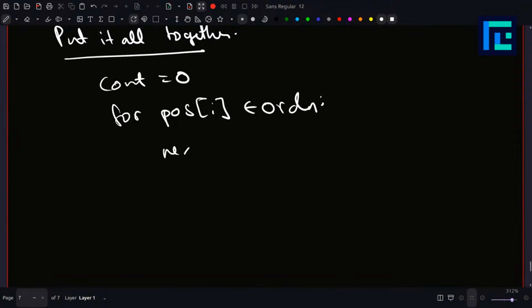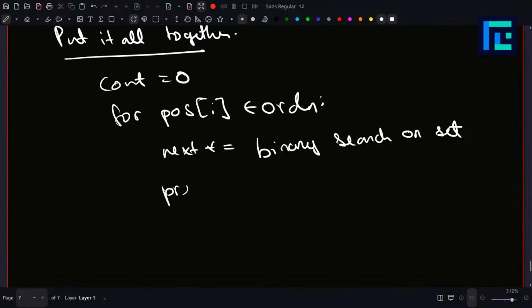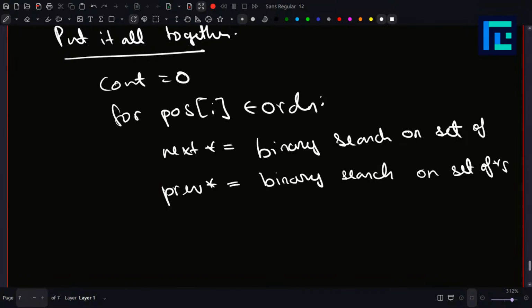So next star equals binary search on my set to find the next star. If there is no next star, we will assume that the last ending position n is the next star. The previous star will simply be the previous star; if there's no such star, we can take -1 as the previous star. You can see that it will be the same in the formulas. So binary search on the set of stars.